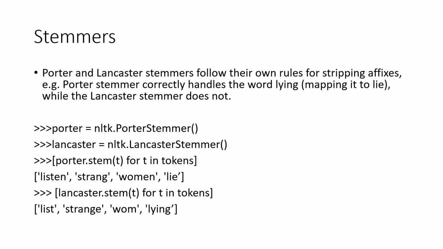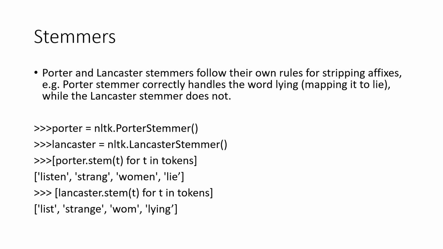NLTK includes several off-the-shelf stemmers. The Porter and Lancaster stemmers follow their own rules for stripping affixes. Stemming is not a well-defined process, and we typically pick the stemmer that best suits the application we have in mind. The Porter stemmer is a good choice if you are indexing some texts and want to support search using alternative forms of words.